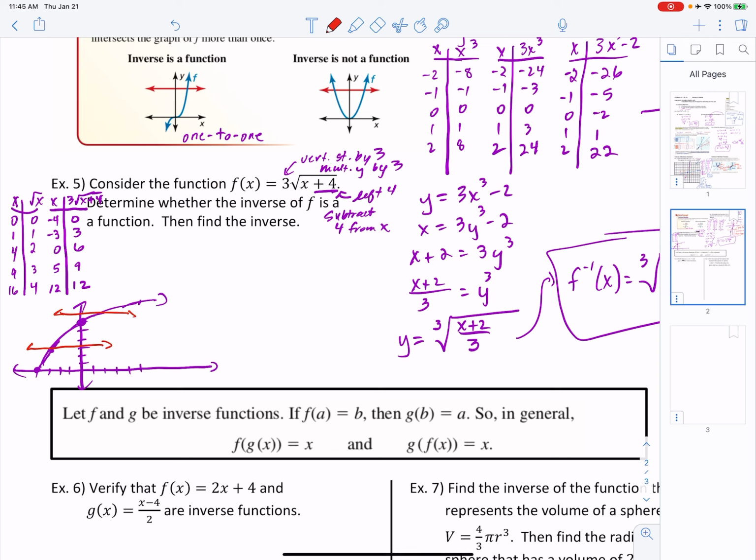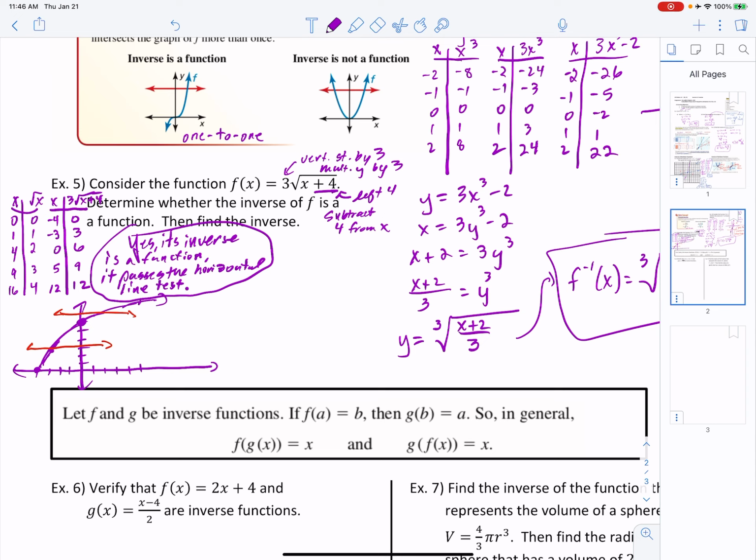Any place I draw a horizontal line, it hits it only once. So yes, it's inverses of function. Why? It passes the horizontal line test. So that's part of your answer.